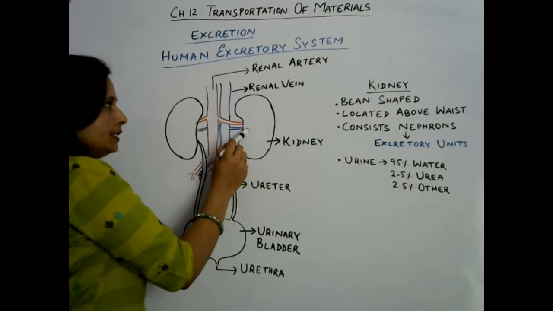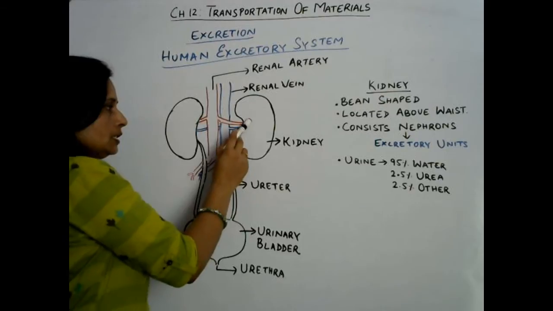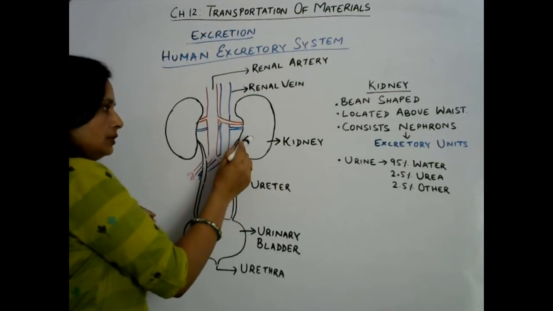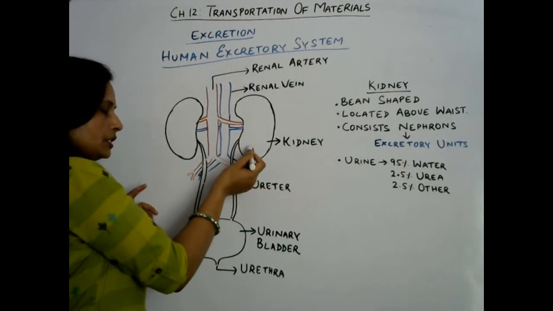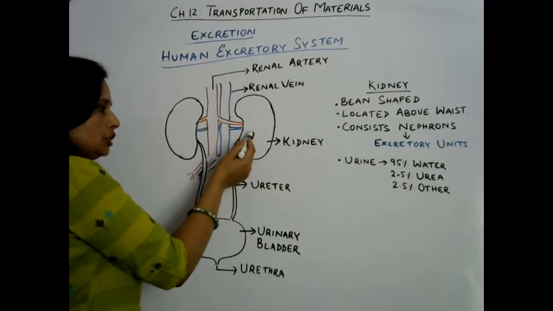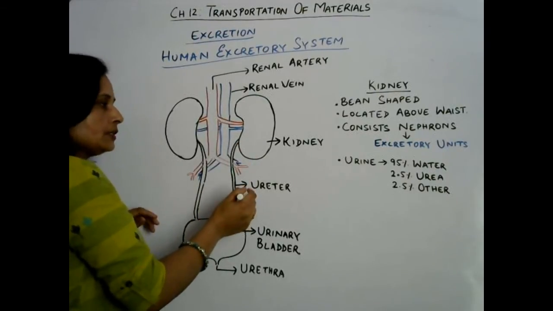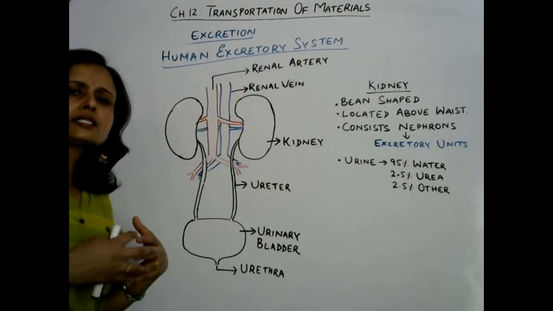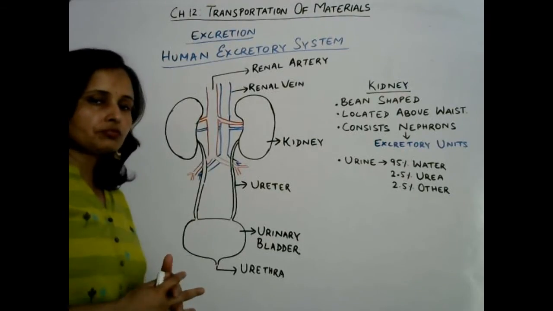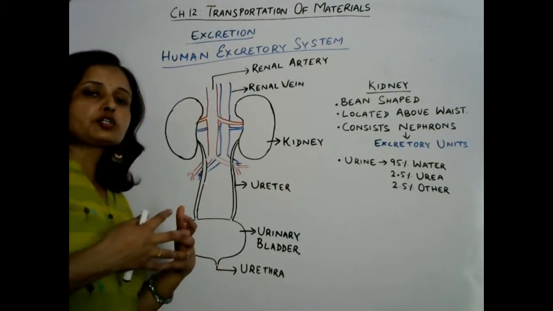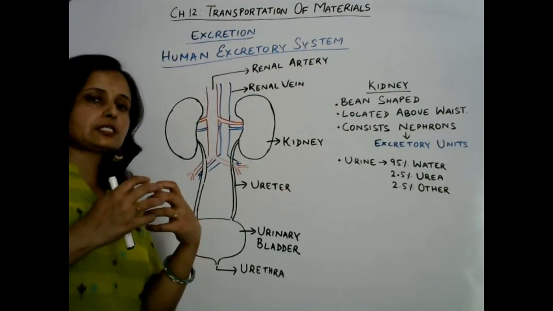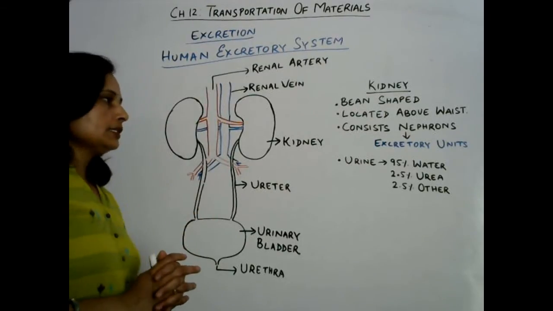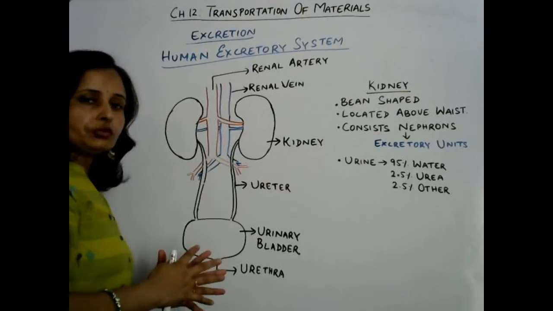And finally the kidney, the nephrons, absorb the waste materials and supply them towards the ureter. The waste material has a maximum percentage of water, and other nitrogenous waste is mixed in that water, and that filtrate is called urine.